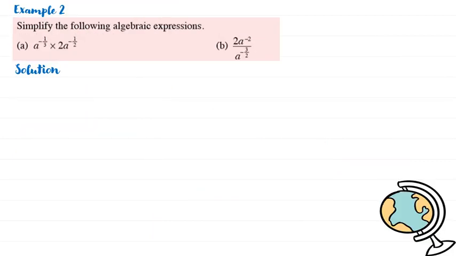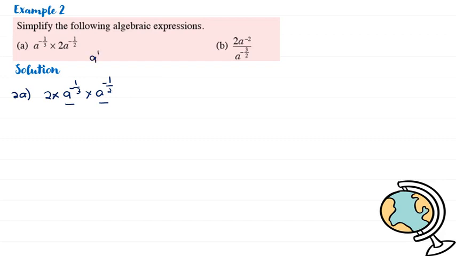Okay, next we proceed with example 2. Simplify the following algebraic expression for question E. So the solution for question 2E. The question also can be written as 2 multiply with a power of negative 1 over 3 multiply with a power of negative 1 over 2. Since this involves multiplication, we can just apply the first rule in which the same base, so the index we have to plus.